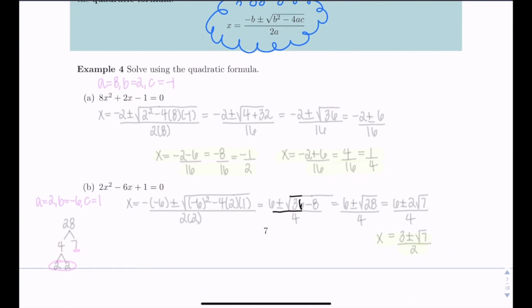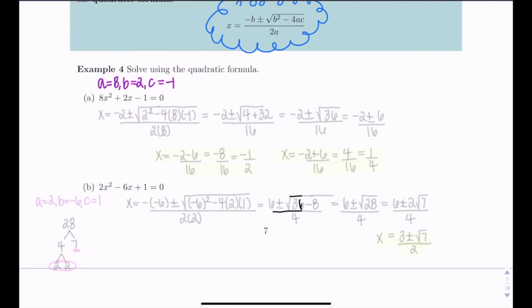We have 8x squared plus 2x minus 1 is equal to 0. So let's label A, B, and C first. We have A is equal to 8, B is 2, and C is -1.